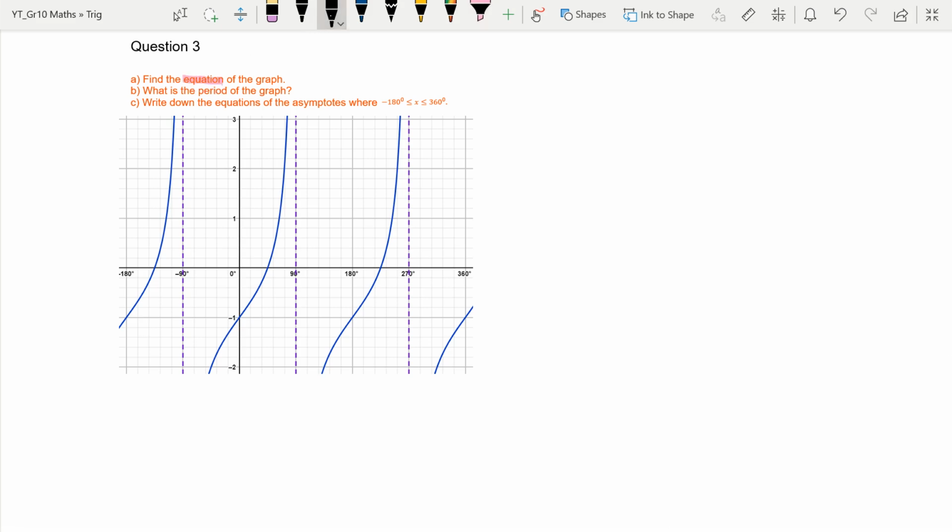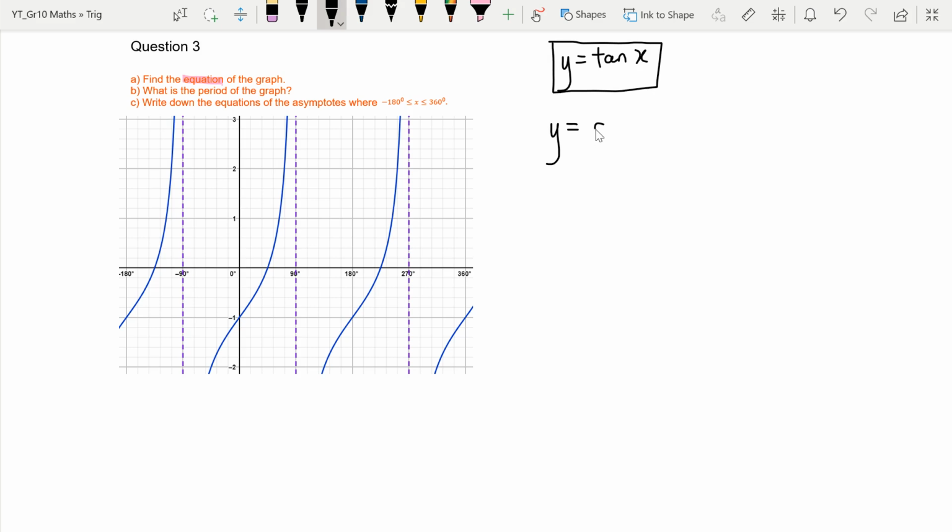I'm sure that we'll agree that we need to consider a tan graph for this one, where we've got some asymptotes. Notice there at 90 degrees and 270 degrees and at negative 90 degrees. That is an asymptote. The graph does not exist there. What we need to consider is, did this graph transform in any way?